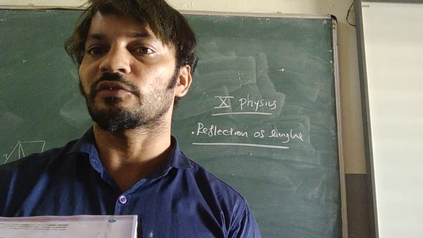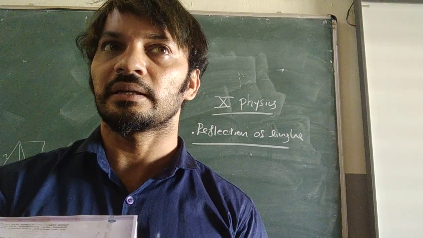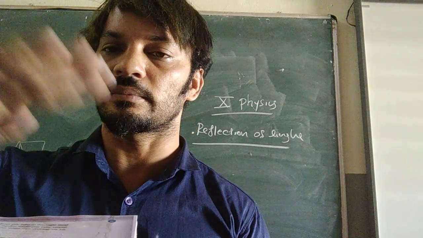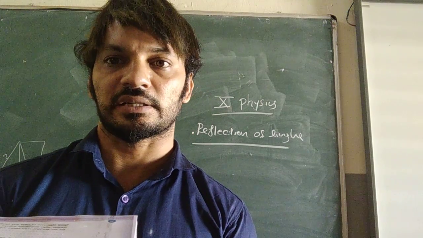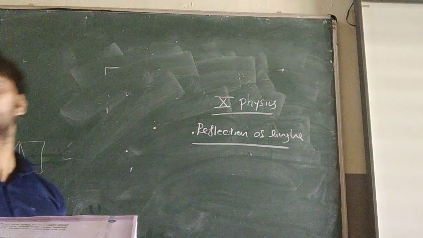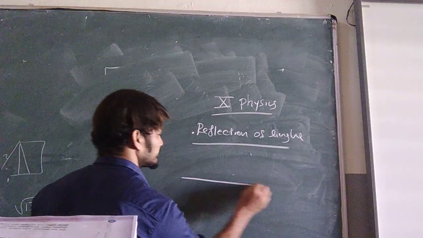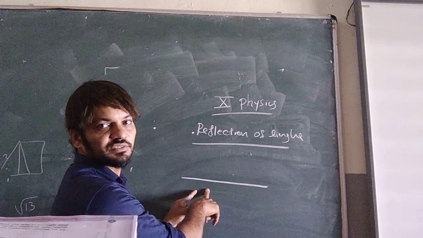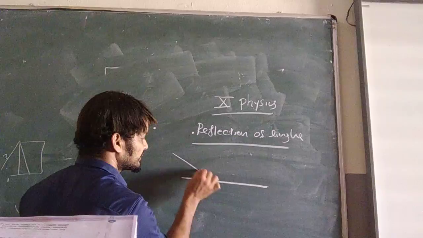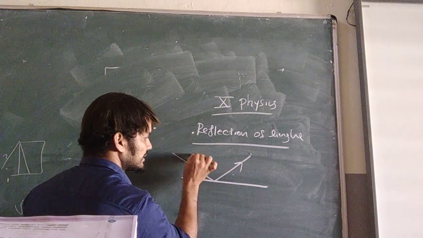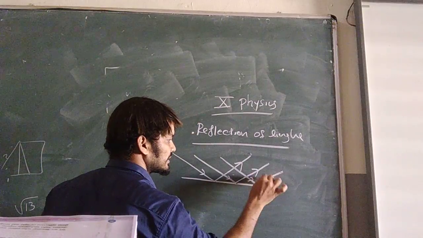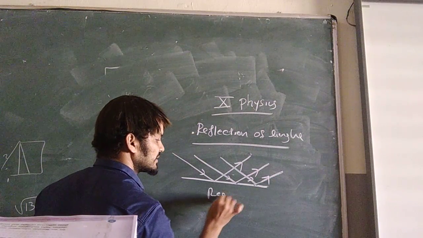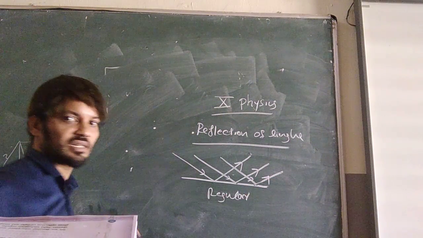The incident rays and reflected rays are parallel. That is known as regular reflection. This is the smooth surface: incident ray, reflected ray, incident ray, reflected ray. This is known as regular reflection.